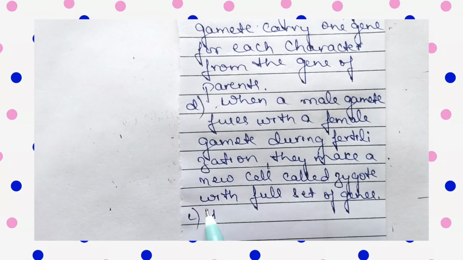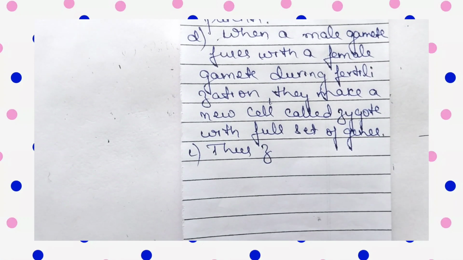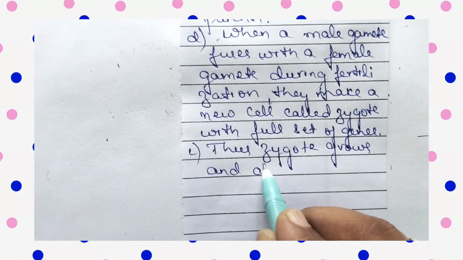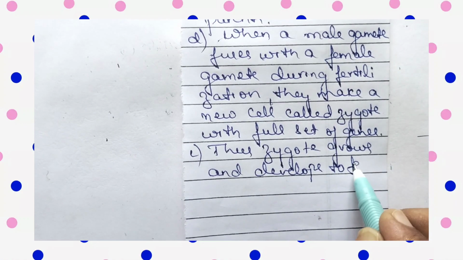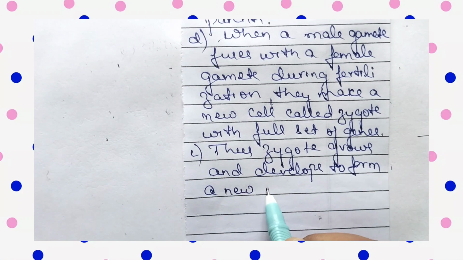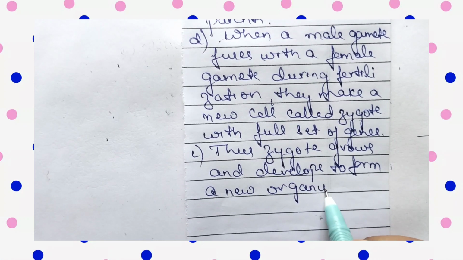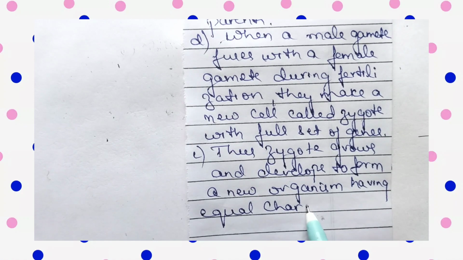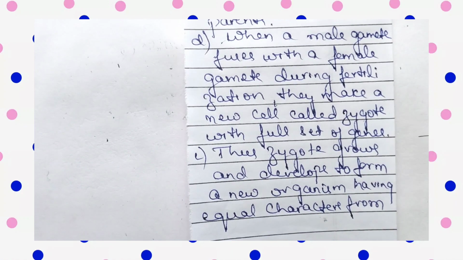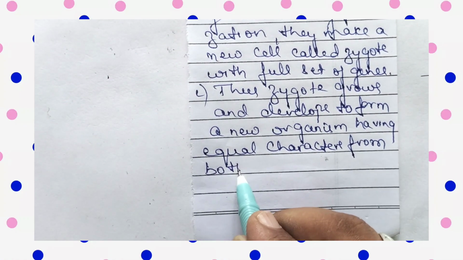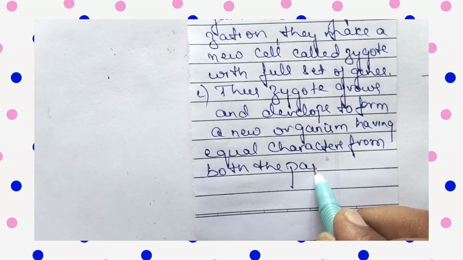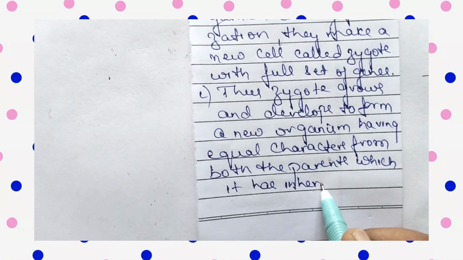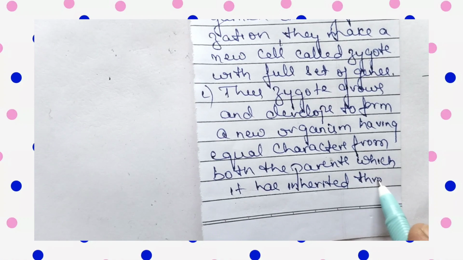The last point is thus zygote grows and develops to form a new organism having equal characters from both the parents, which it has inherited through genes.